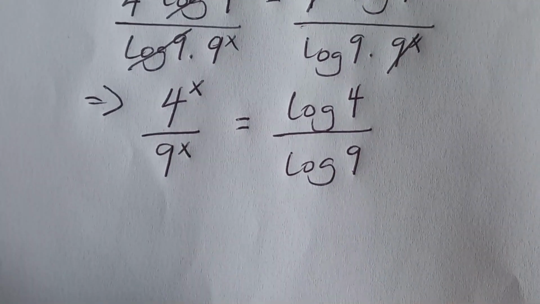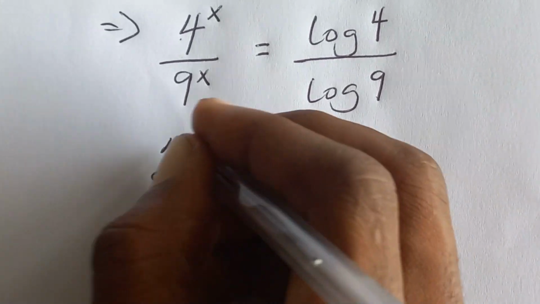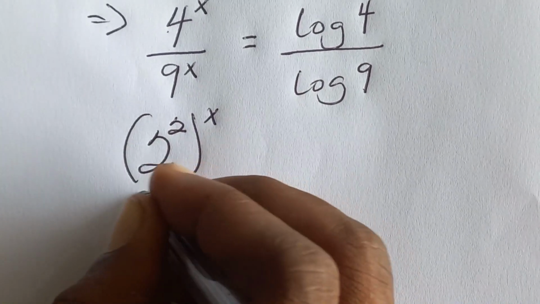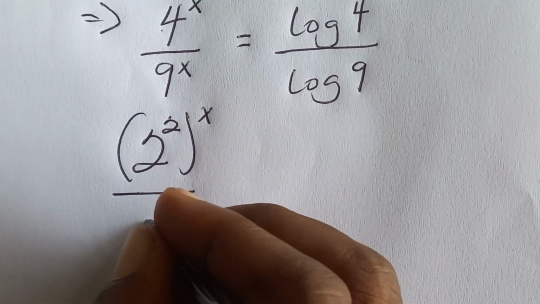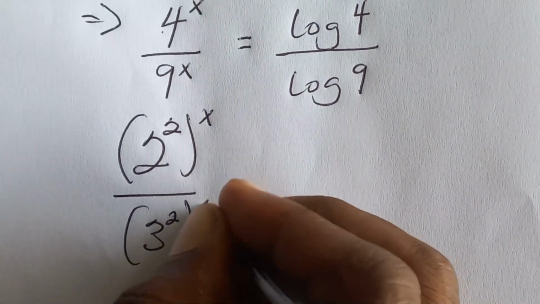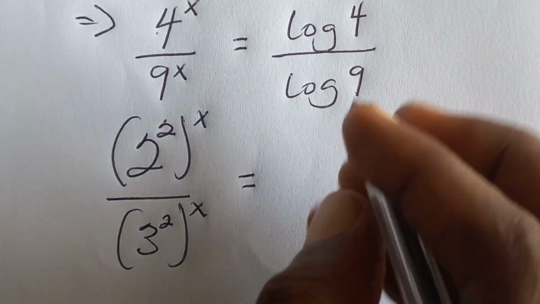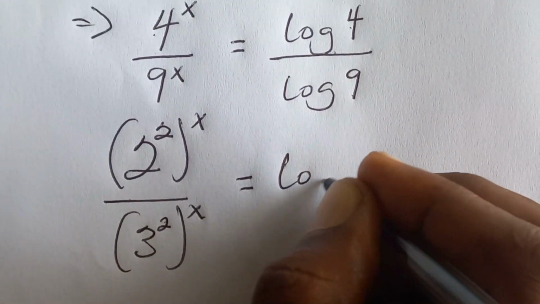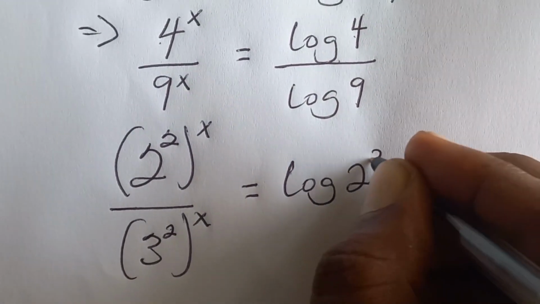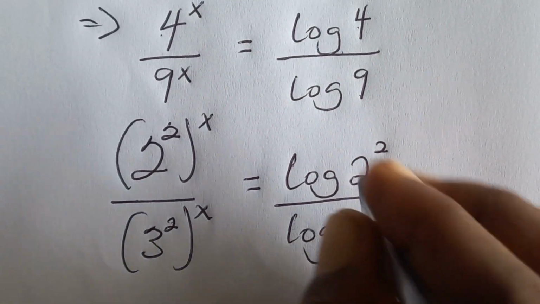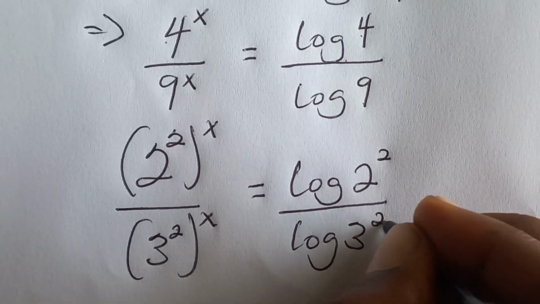Okay, and also we can express 4 as 2^2. Then (4/9)^x, 9 can be expressed as 3^2, then exponent x, which is equal to, in this 4 we can express it as log 2^2 over log, so the 9 is 3^2.